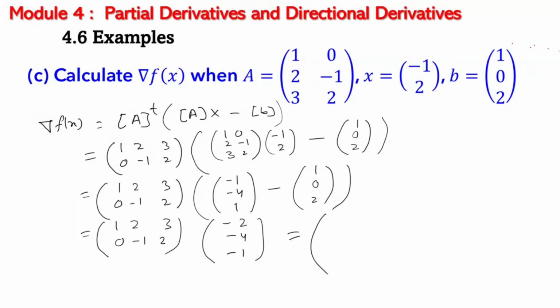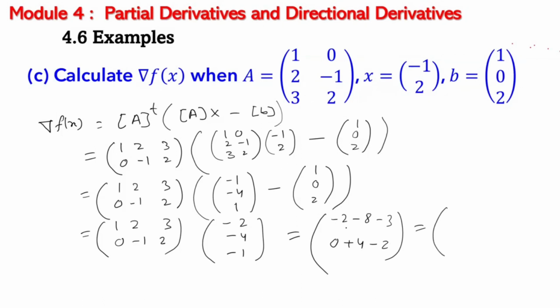Multiplying, you get minus 2, minus 8, and minus 3, and this one will be 0 plus 4 minus 2.